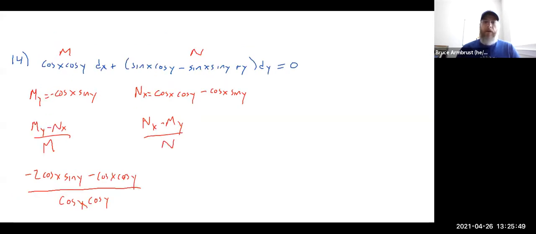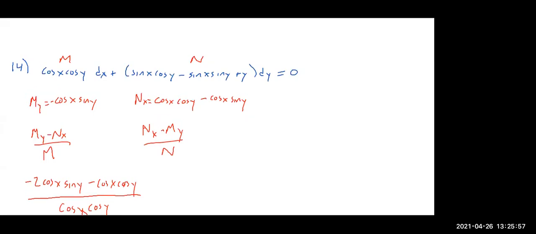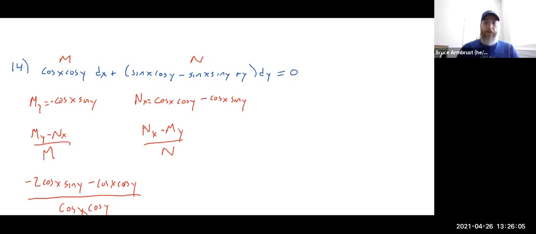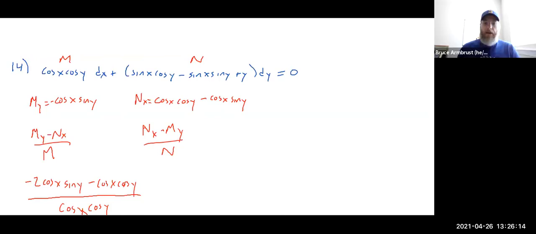Okay, so let's just pause for a second. Is that good? No, why not? There's two variables. Oh, there aren't two variables anymore. It's just y, right? All of the x's ended up going away.